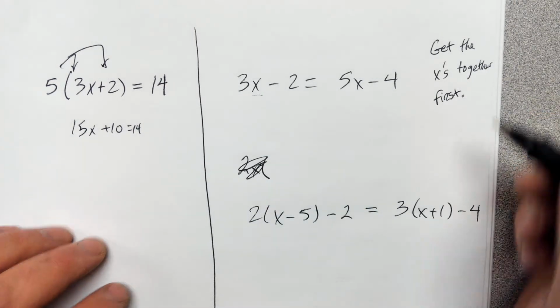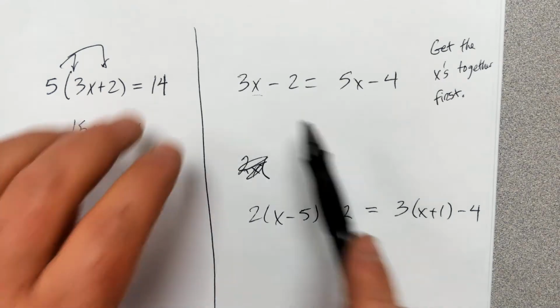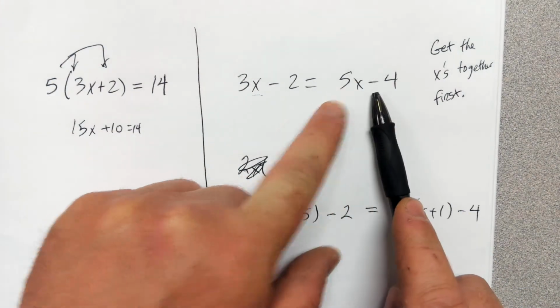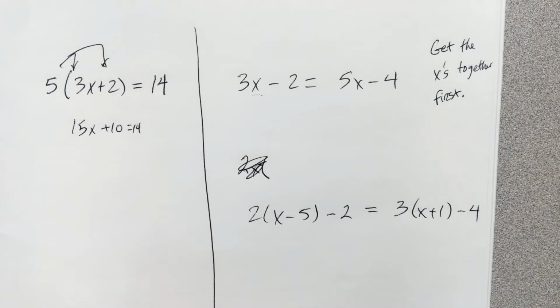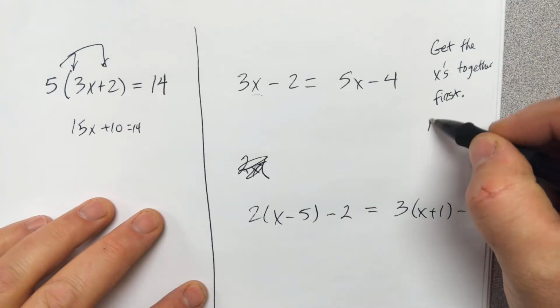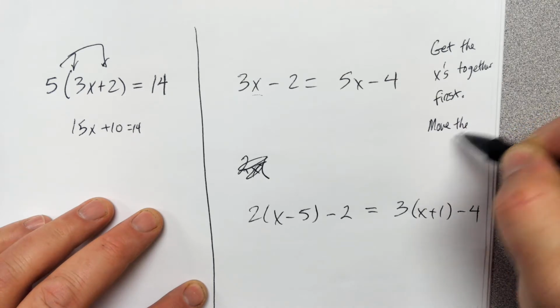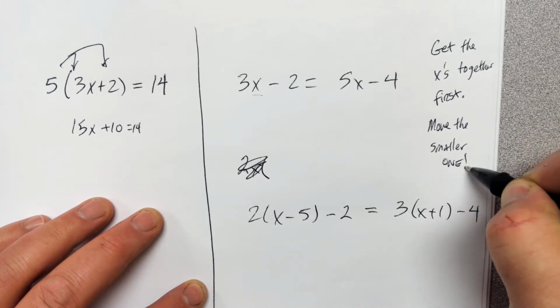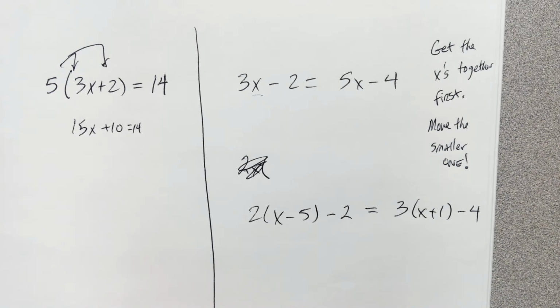And then you have to make a decision though. Like Oscar, you can either move this 3 over here by subtracting 3x, right? Or you can move this 5 over there by subtracting 5x. Move the small one. It's going to make your life easy. So 3 is smaller than 5. Yeah, so we're going to want to get rid of the 3.